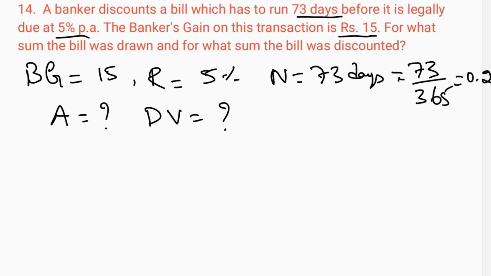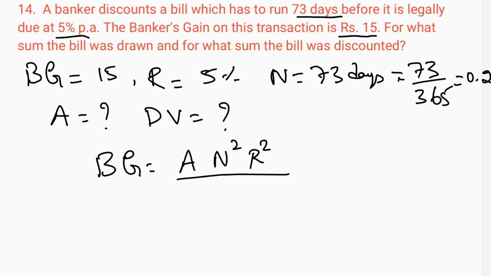So first we will find out A. How to find A? The same thing, exactly similar to the previous problem. Banker gain equals A into n square R square divided by 100 into 100 plus NR. Using this particular formula, the same as the previous 3-4 problems, substitute all the values.